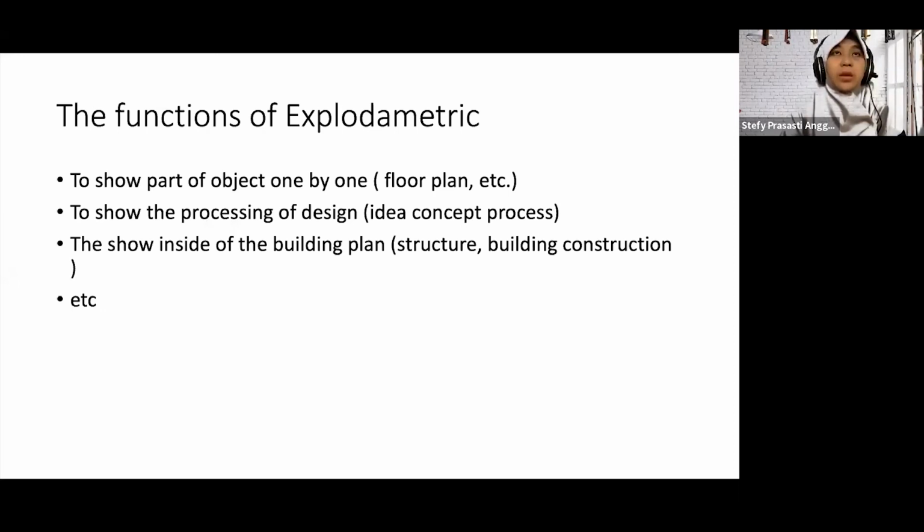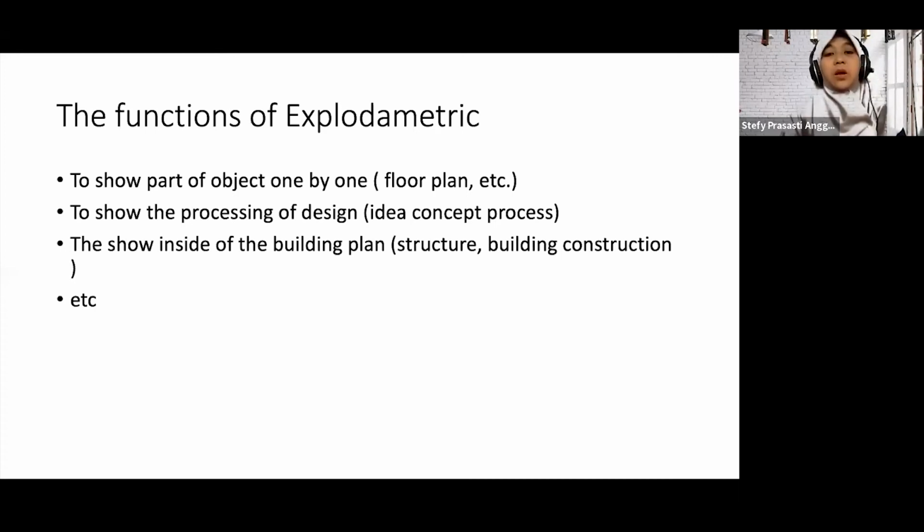Sometimes we can explain our idea and concept process with explodometric or also axonometry and other kinds of drawing. And then to show the inside of the building plan, we can see the structure, building construction, building utilization or system of the building.